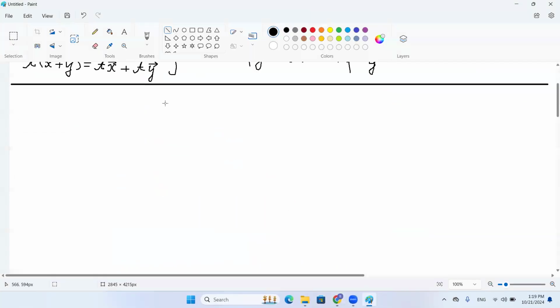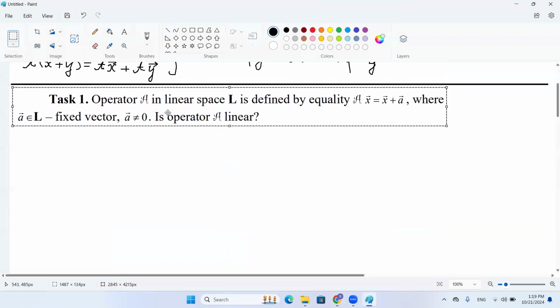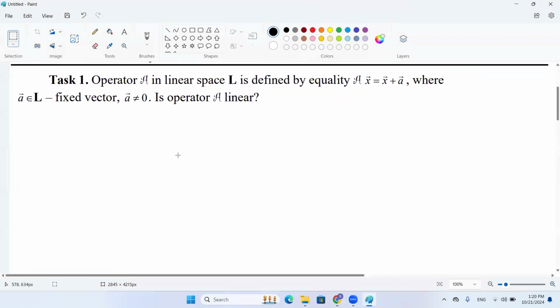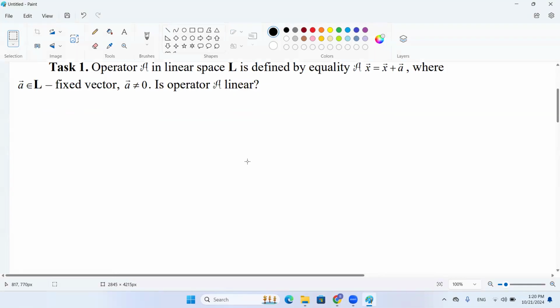Maybe anyone can answer how to solve it. We have the operator A in the linear space L, which works by this rule: it adds a fixed vector to our initial vector. We need to check if this operator is linear.